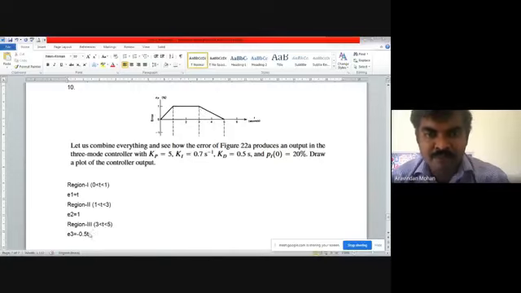Okay, now if you substitute the value 3 here, what will it become? It becomes minus 0.5 into 3, which is equal to minus 1.5. So at time t is equal to 3, it shows that E3 is equal to minus 1.5. But in the graph, at time t is equal to 3, our value is equal to 1.